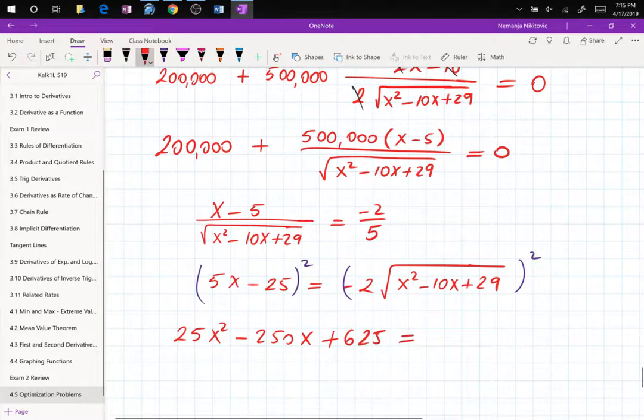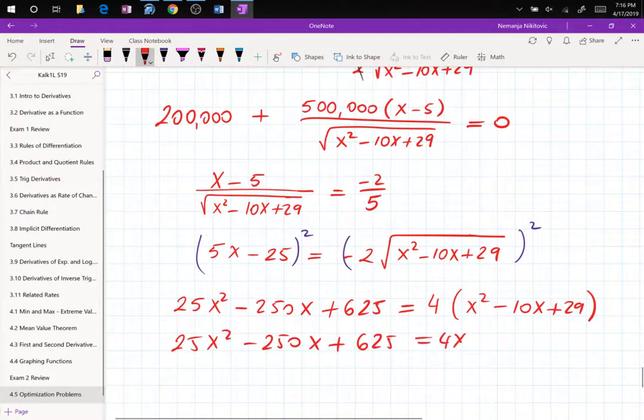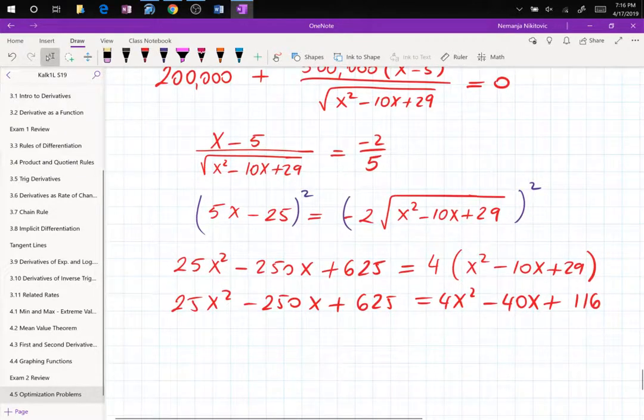Welcome to applied math when numbers are not 2 and 6. And on this side we have 4 times x squared minus 10x plus 29. 25x squared minus 250x plus 625 is equal to 4x squared minus 40x plus a lot, which is 120 minus 4, 116, right? Because 4 times 30 is 120, and take away 4 because you had 1 extra.